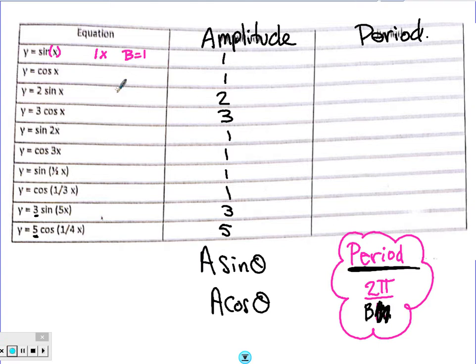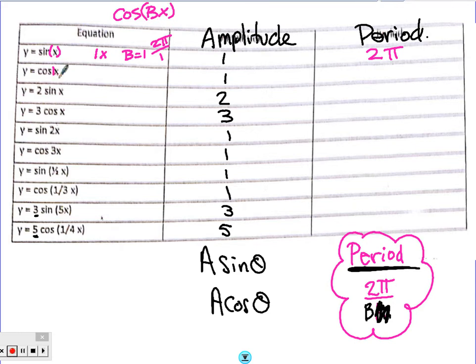So in order to find my period, I have to plug that into my formula. 2 pi divided by 1. Well, it's 2 pi. And we already knew that the sine curve had a period of 2 pi, so that confirms what we already know. Cosine, my b value right here, what's in front, right? So this says cosine of bx, right?